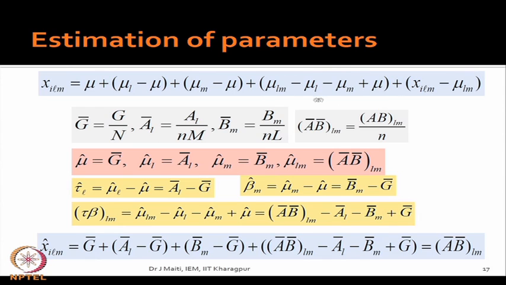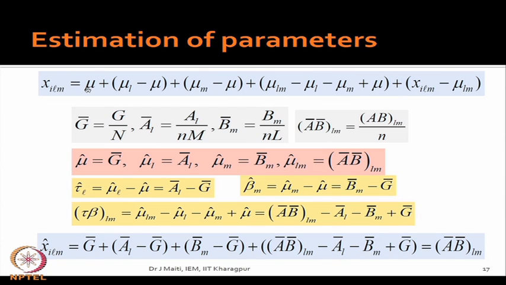You see that you have taken here mu_l, so you are subtracting mu_l, here minus mu plus mu, so it is cancelling. Finally, x_ilm minus mu_lm, because one mu_lm is added here, and this is the partition.